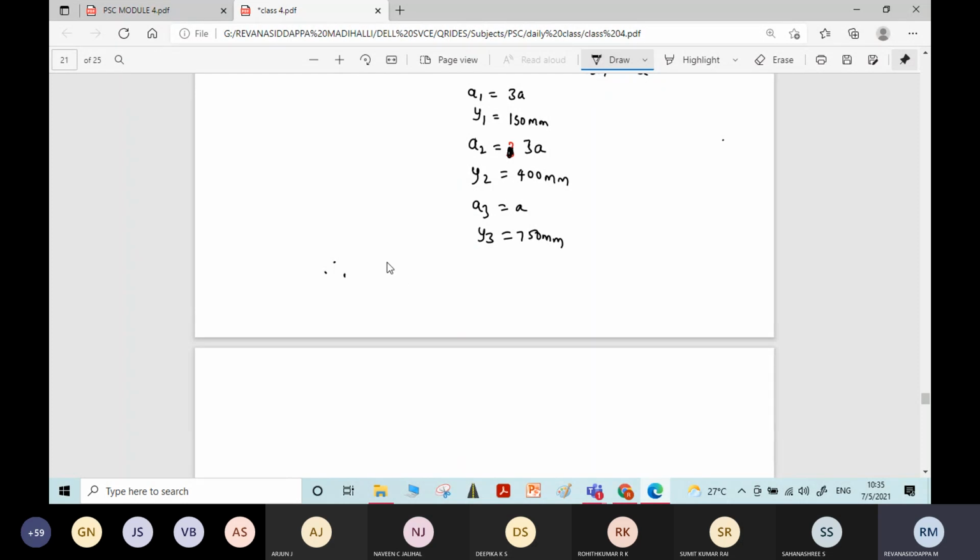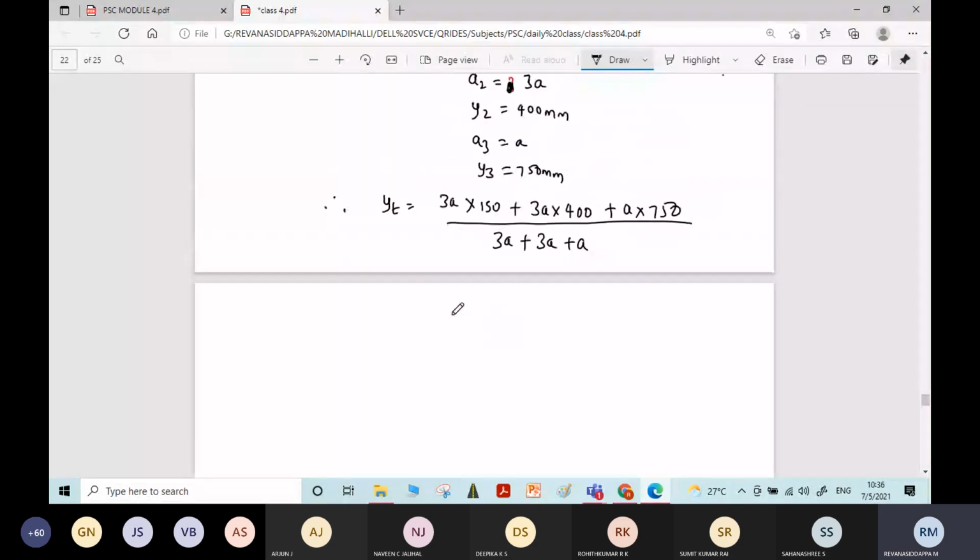Therefore, Yt represents the distance of the centroid of the bars from the top fiber. A1 Y1, that is 3A into 150, plus A2 Y2, 3A into 400, plus A3 Y3, A into 750, divided by A1 plus A2 plus A3, that is 3A plus 3A plus A. You take A common in both the numerator and the denominator.